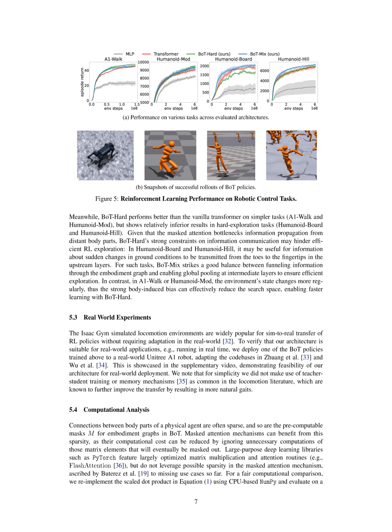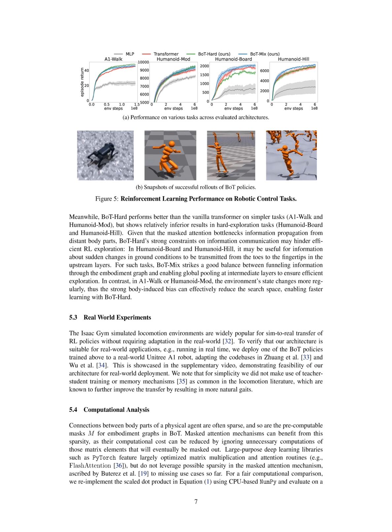In reinforcement learning tasks, BOT mix showed improved sample efficiency and asymptotic performance across various robotic control tasks, while BOT hard excelled in simpler environments, suggesting that the architecture can adaptively leverage body structure for different task complexities.